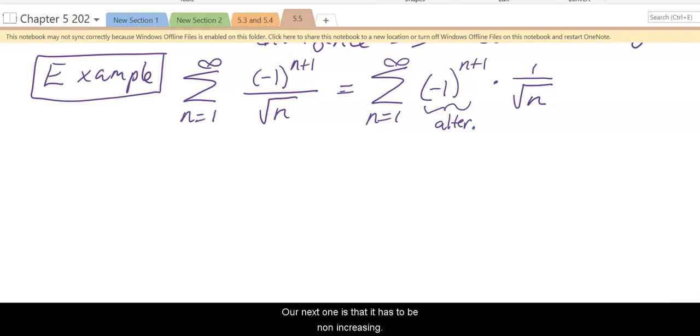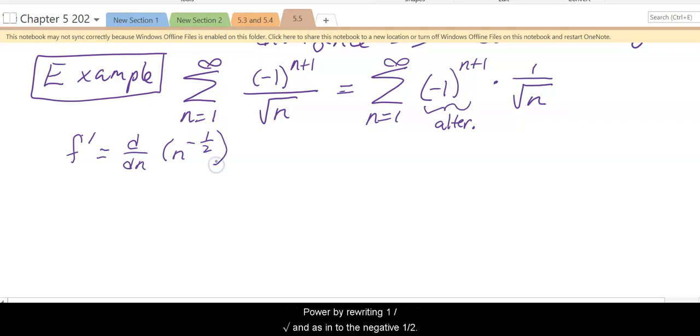Our next condition is that it has to be non-increasing. To be non-increasing, this means that it can't be increasing in behavior. I can try to prove a stronger condition by taking the derivative of it. If I write it as f prime, then I can rewrite this as the derivative with respect to n of n to the -1/2 power, by rewriting 1 over the square root of n as n to the -1/2.